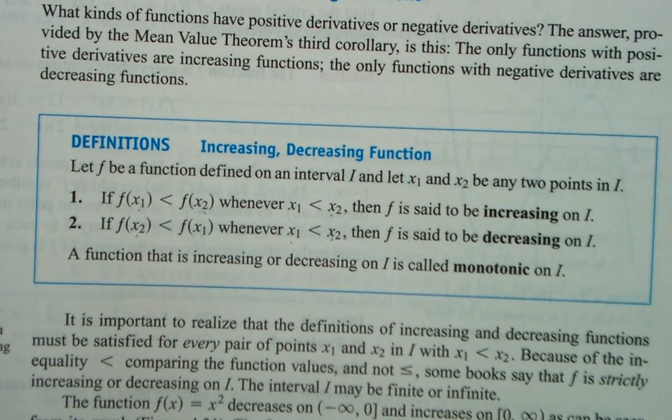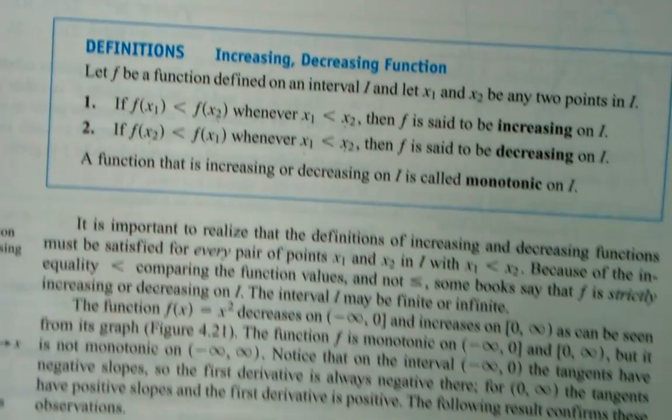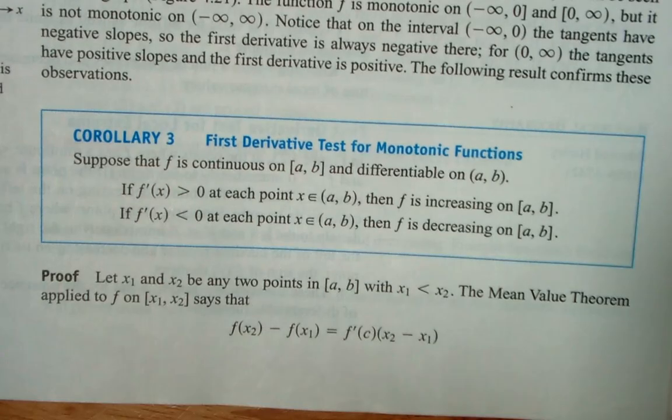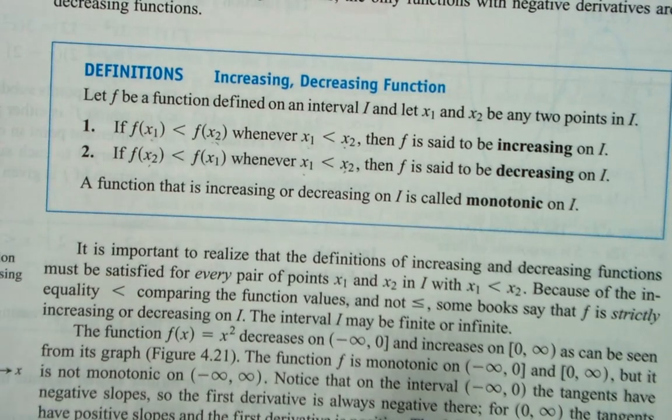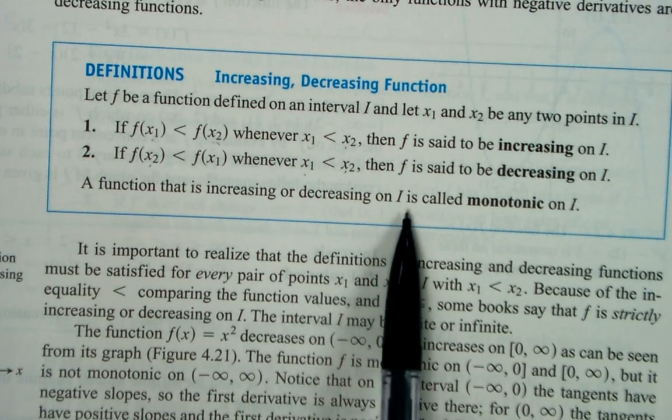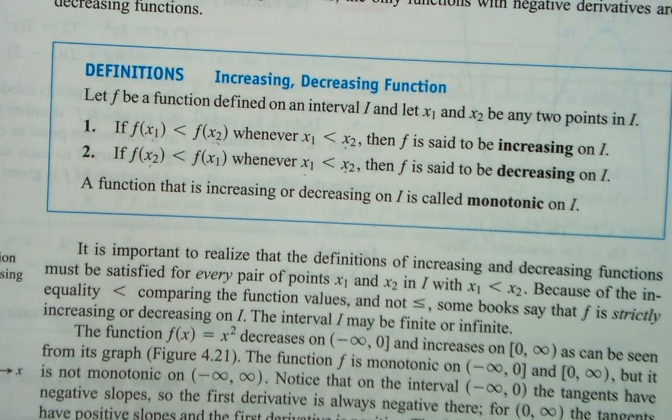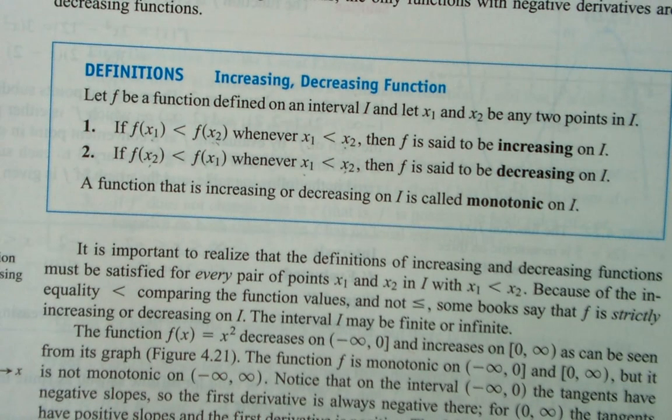But here's what we're really looking at. First derivative test for monotonic functions. Well, first of all, what's a monotonic function? A function that is increasing or decreasing is called monotonic. Don't worry about that term. I'm never going to ask you that term.